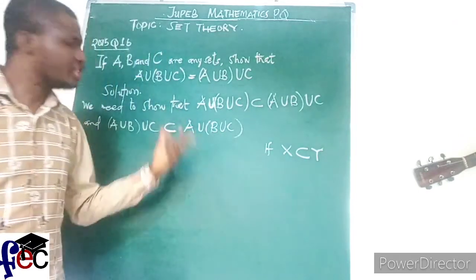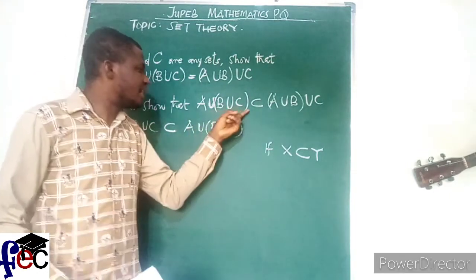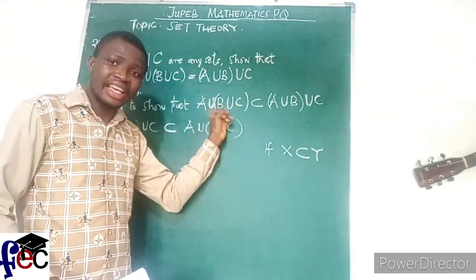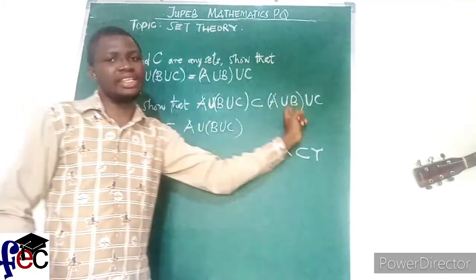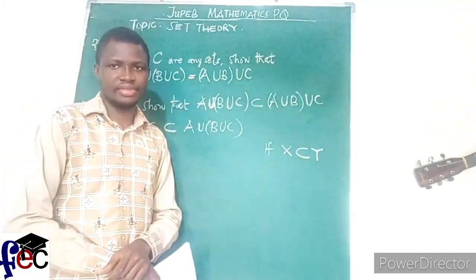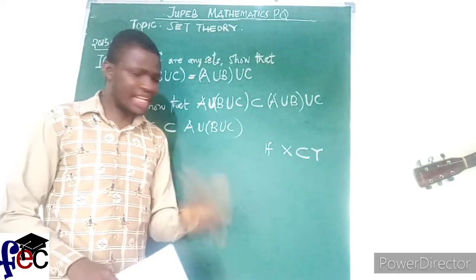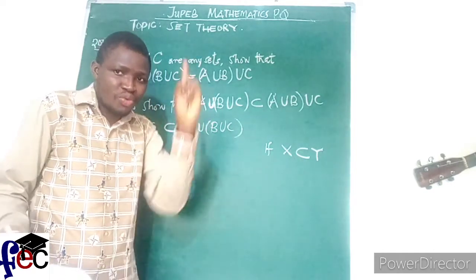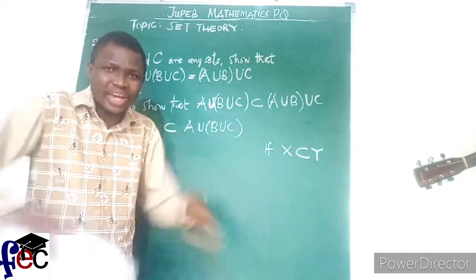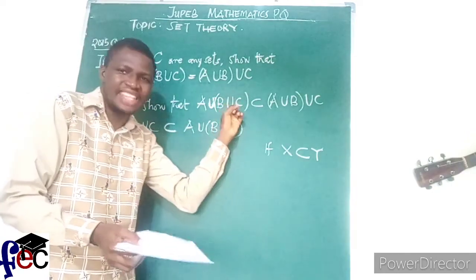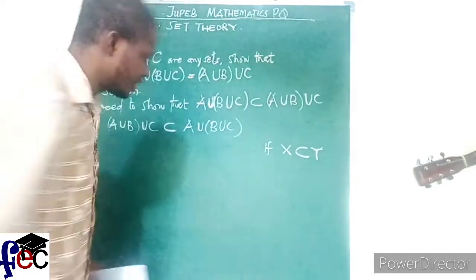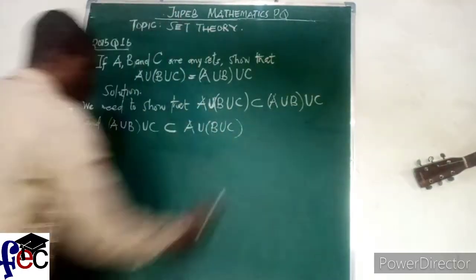So I will need to show that an arbitrary element here will always be in this set. Now, when I use any representation, I am not referring to one element. I am referring to any element that is present here will always be here. All right, so let's proceed with the solution now.